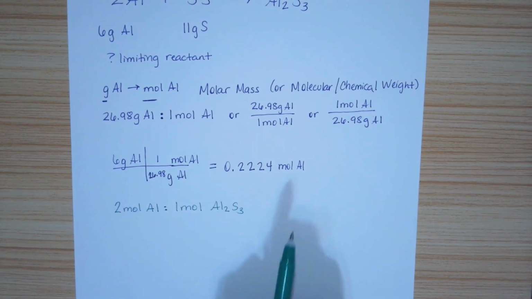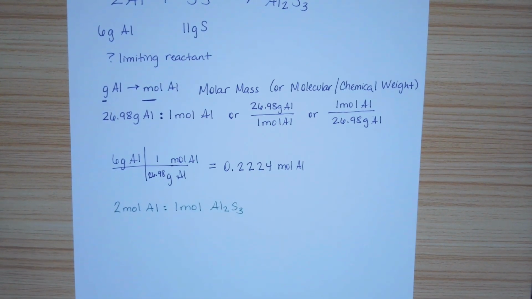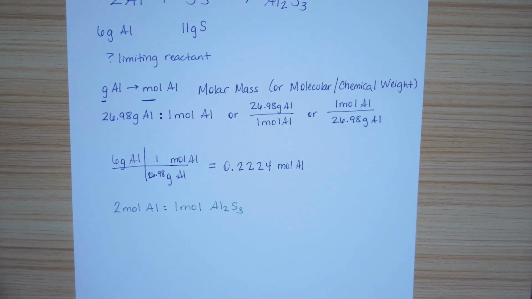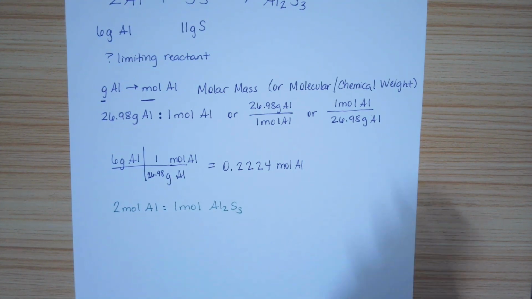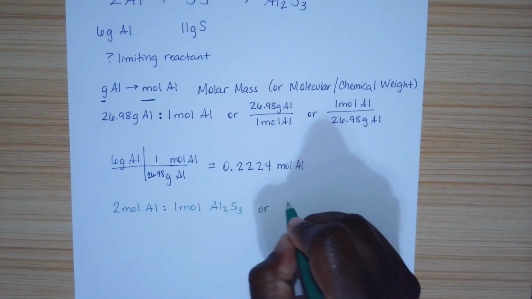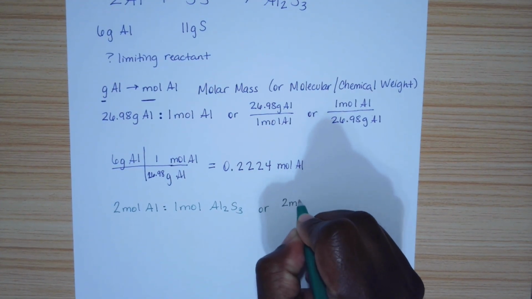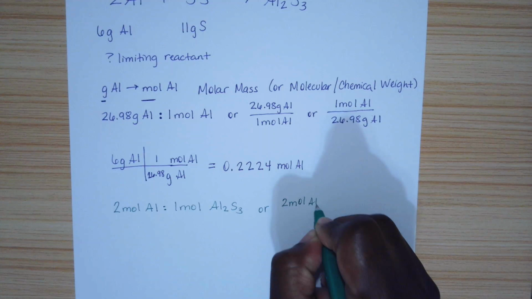And so since we already know how many moles of aluminum, we can set up a conversion factor to then convert from aluminum to the product, aluminum sulfide. So I have the ratio, but as we've seen before, that could also be shown as fractions to represent the conversion factor.